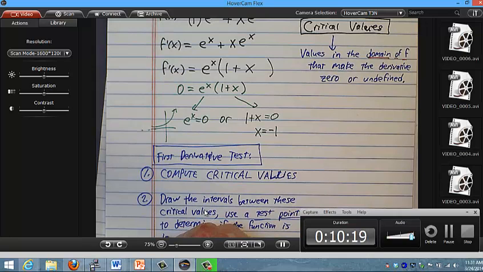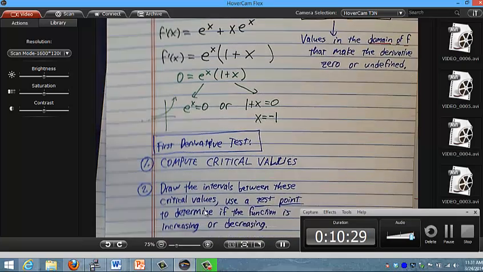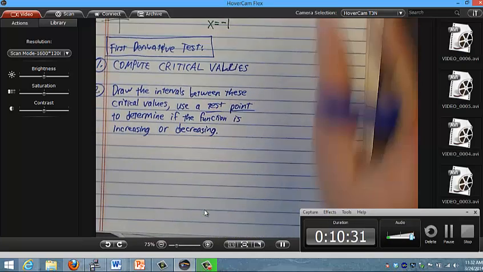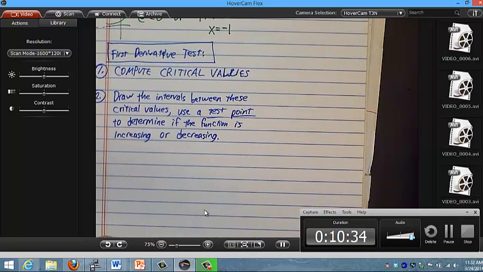Exactly what we were doing in that section project. Okay? And that's really the process. So let me go ahead and demonstrate it on the side.